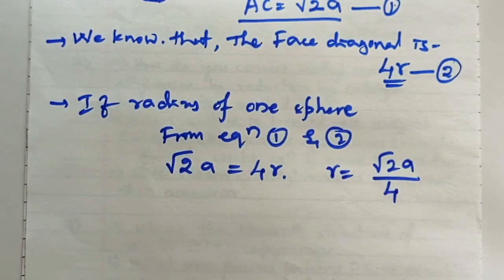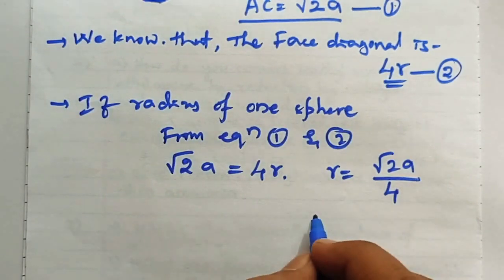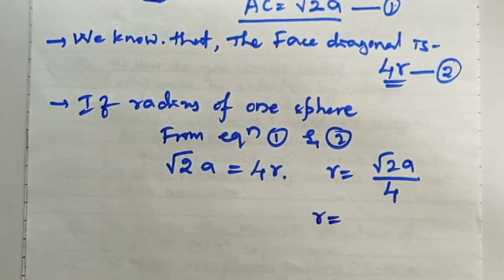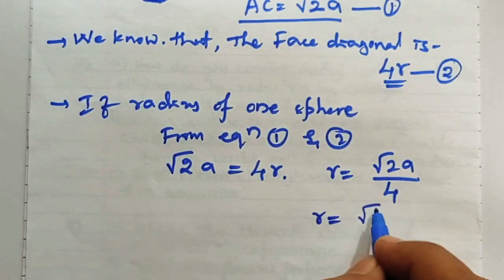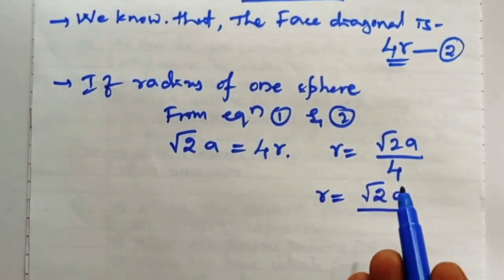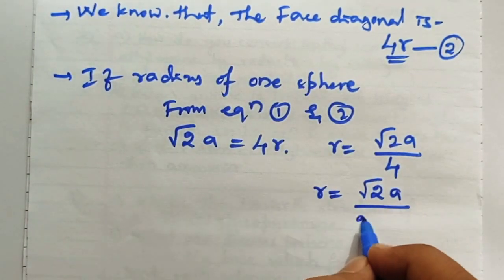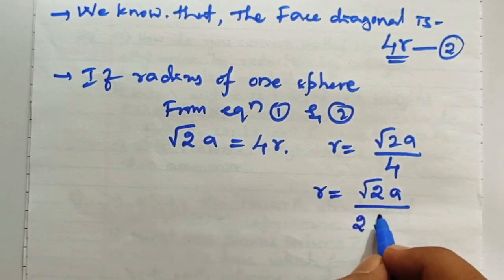What about the edge length? We should find out the edge length here. R is equal to root 2 a divided by 4. We can write 4 as 2 into 2, and 2 as root 2 square, so one root 2 gets cancelled and the remaining is 2 root 2.